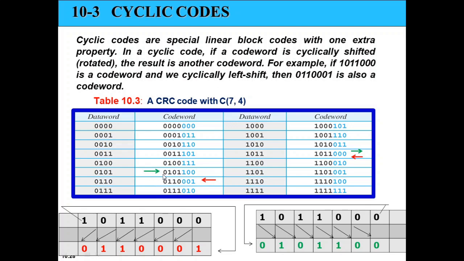After performing a shift, either right or left, your result must belong to the valid code words. It has to lie in this group. If so, that is called a cyclic code. A cyclic code satisfies the linear code property plus one extra property: shifting will result in one of the code words.